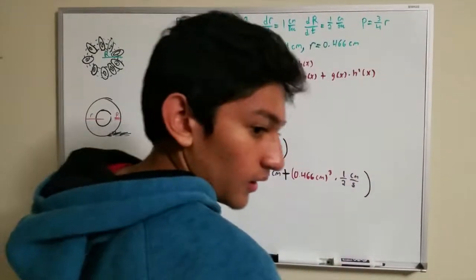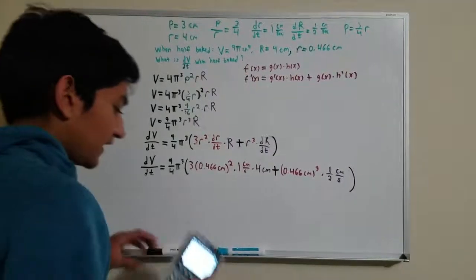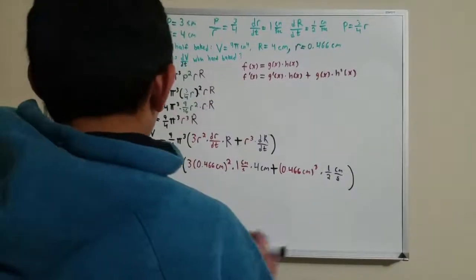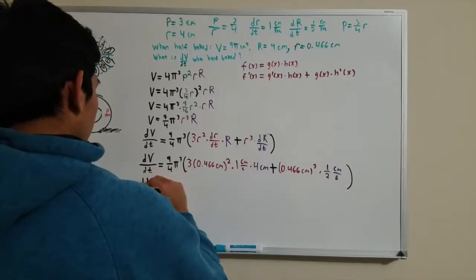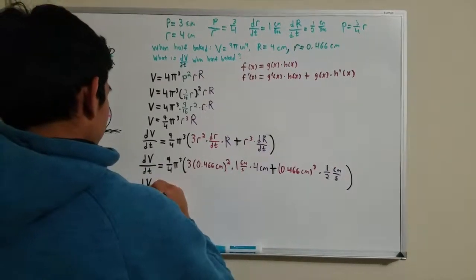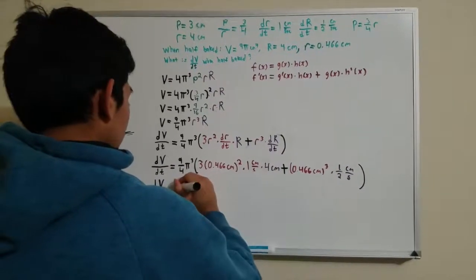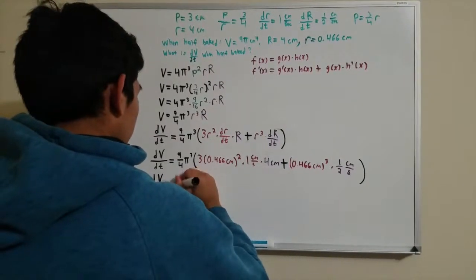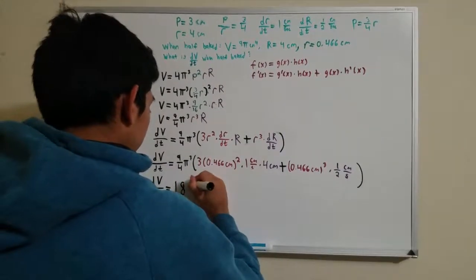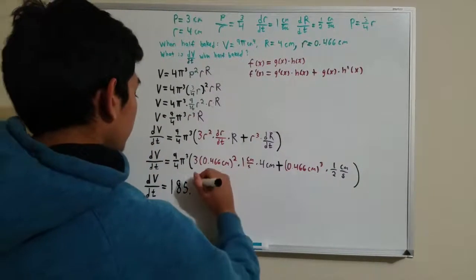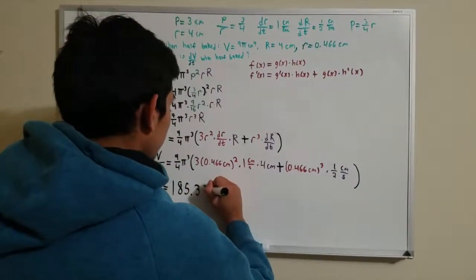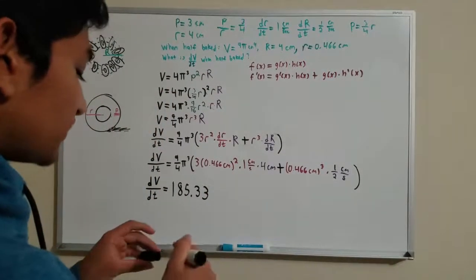So if you plug that in, you should get that the derivative, or the change in volume with respect to time, is equal to 185.33. And let's check the units really quick.